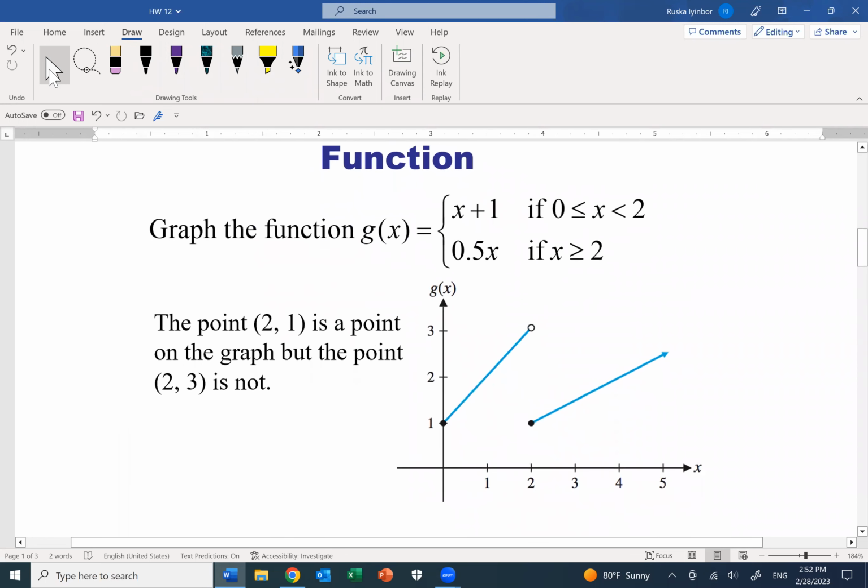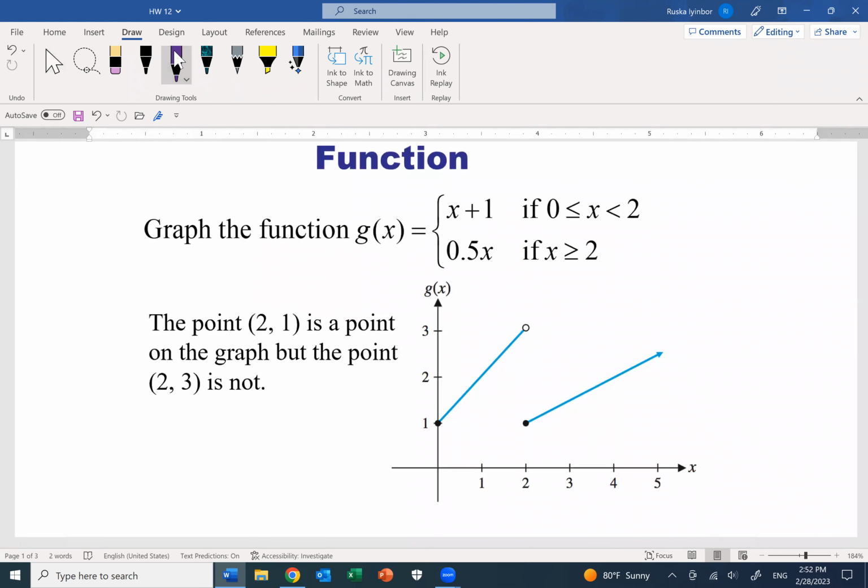You have to graph the function g, which is x plus 1 when x is between 0 and 2. Notice here, x is greater or equal to 0 and x is less than 2. That means you're including the 0, but not the 2 in that interval.